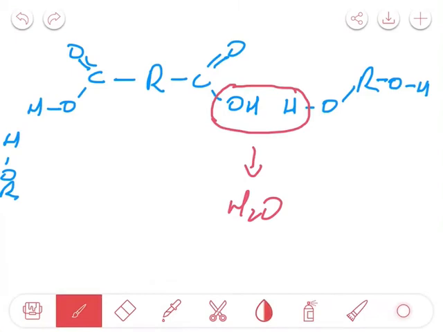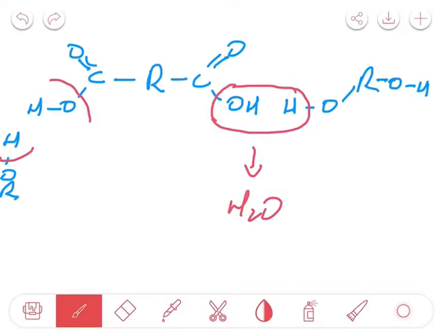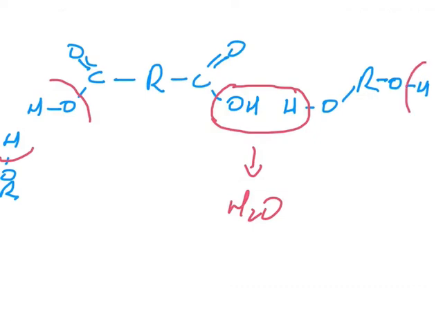And then when we continue with this, the OH comes off the other end of the molecule, the hydrogen comes off there, and then if I go over to the other alcohol, the hydrogen would come off here, and an OH would come off a neighbouring carboxylic acid.